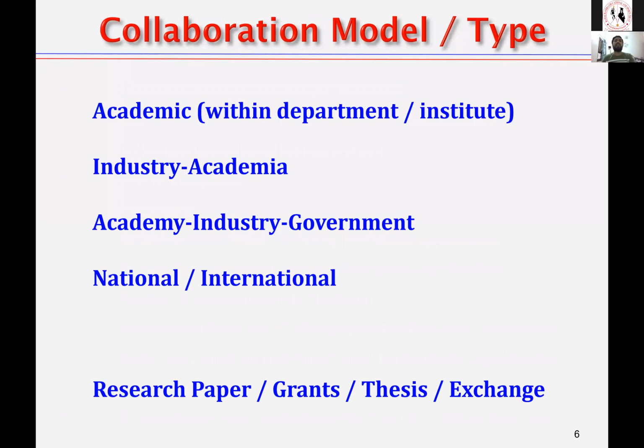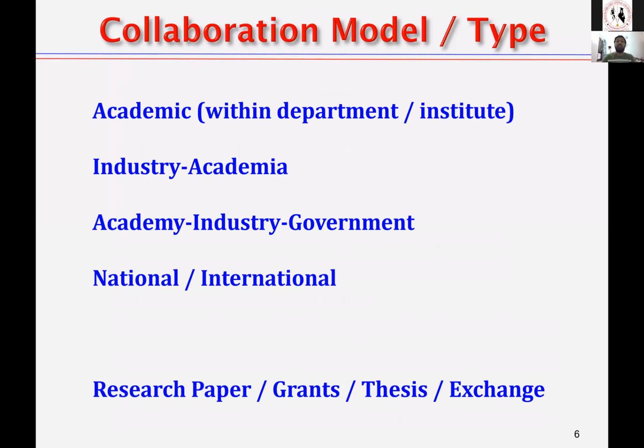There are various kinds of collaboration models, as we know: within department collaboration, within institute collaboration, across departments in the same institute, collaboration with a different institute, and so on.